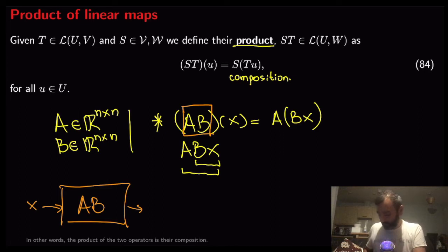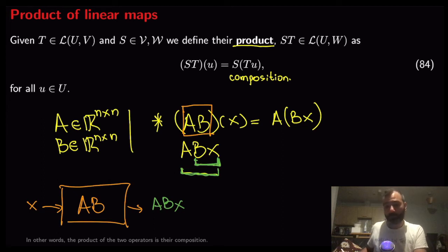Internally, it would first do the operation B times x, then it would take this result and multiply it by A, and it would return back to me ABx. So matrix product is a composition. Internally, that machine computes Bx, passes it to A, and computes A times Bx.